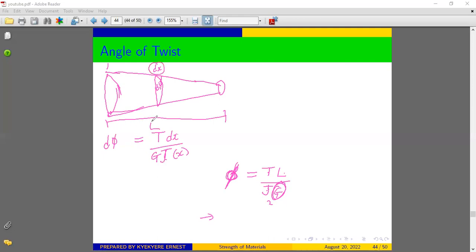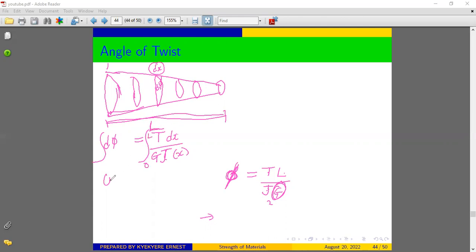Therefore, if I want to get the angle of twist for the whole length, then I need to put all the individual small sections together. And because here I cannot divide into sections, I will integrate the whole thing from 0 to L, which is the total length.